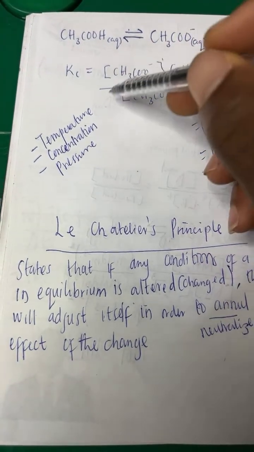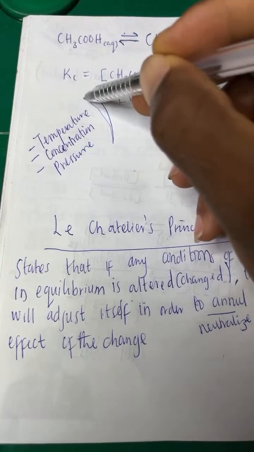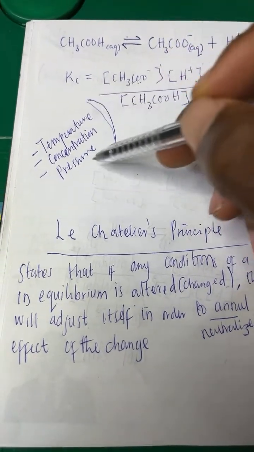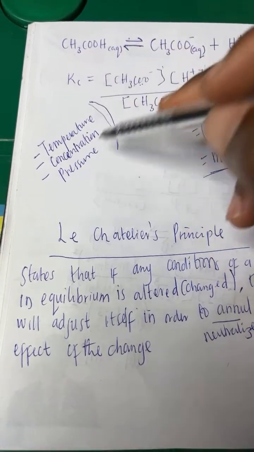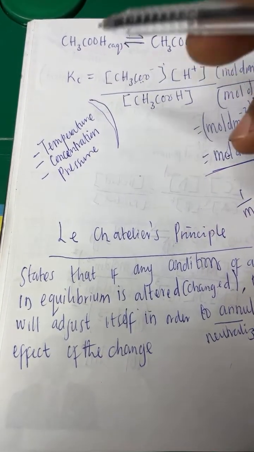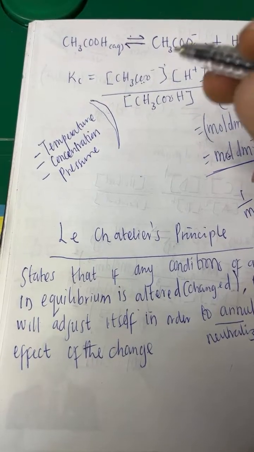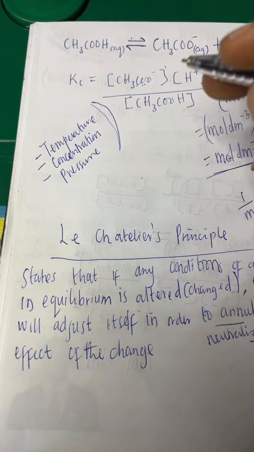Right? These three main things are the most things that can be altered to have an effect on the equilibrium position.